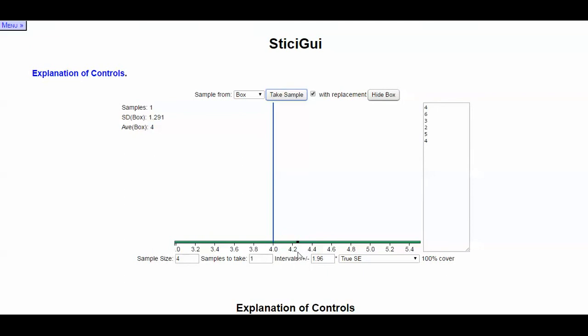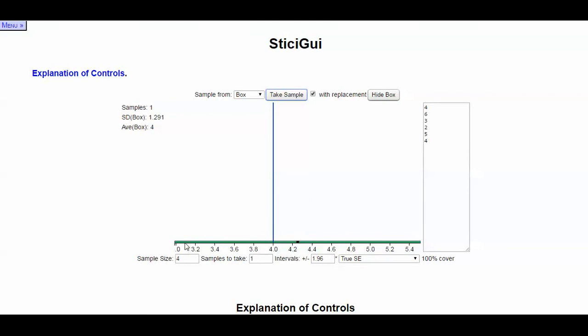Then it's going to calculate the margin of error by multiplying the 1.96 by the standard deviation of your population over the square root of your sample size, like we did earlier. So it calculated the margin of error for you, and it subtracted the margin of error and added it. So it subtracted the 95% margin of error down here and added the 95% margin of error going up here.